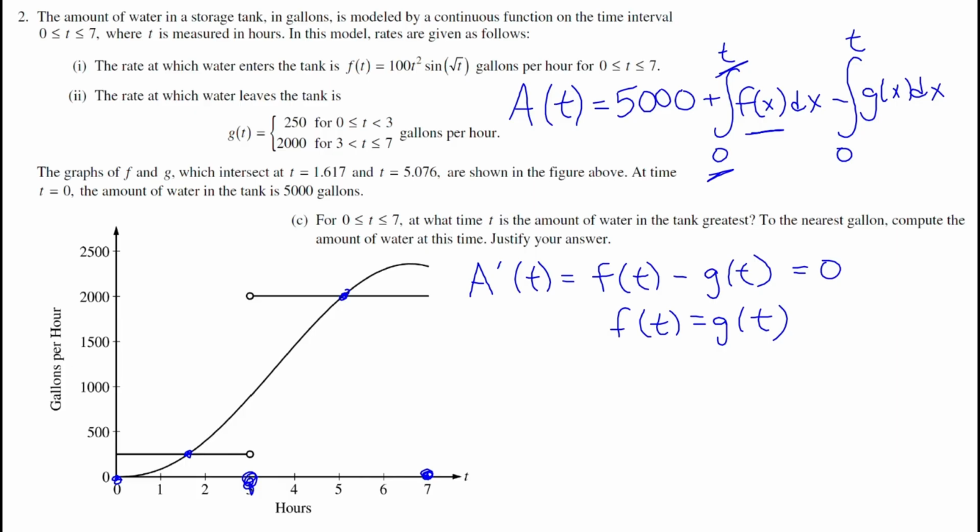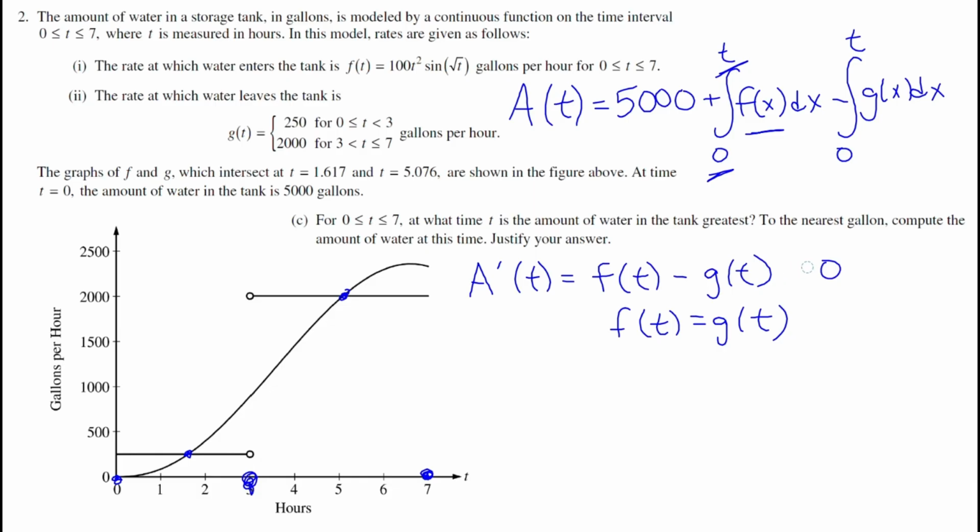So what we really need is for f of t minus g of t to go from a positive value to a negative value, right? If f of t minus g of t is the rate of change, when that rate of change goes from positive to negative, then that tells us that we're potentially at a maximum.